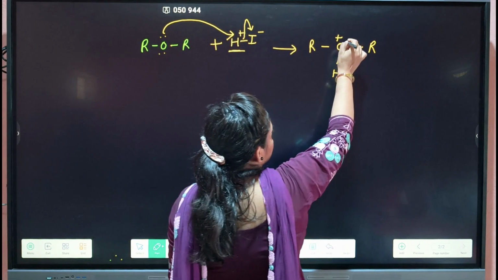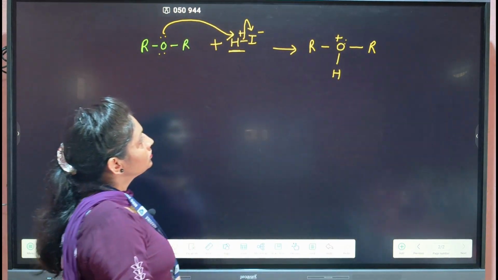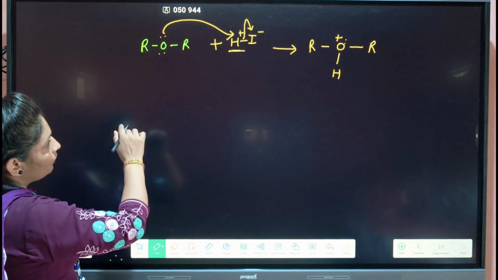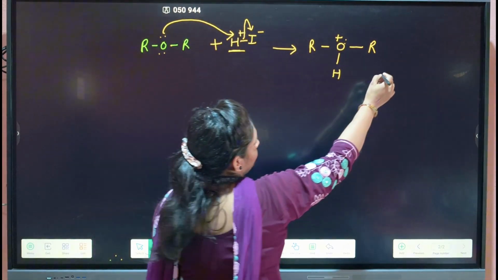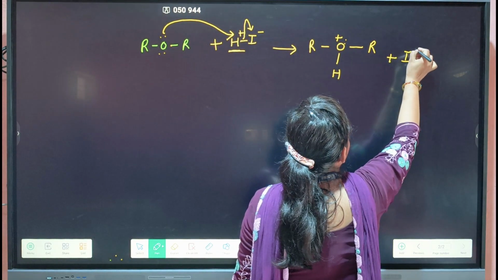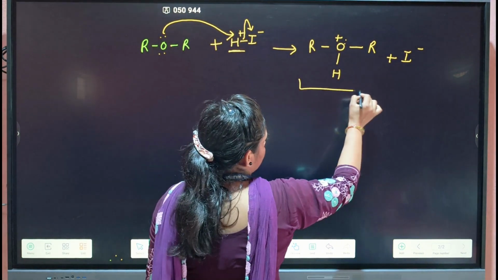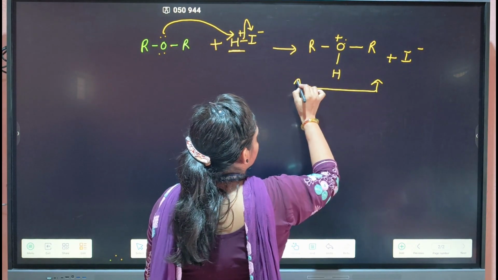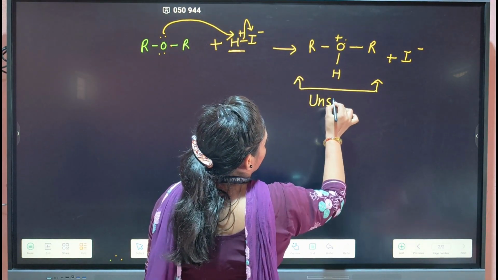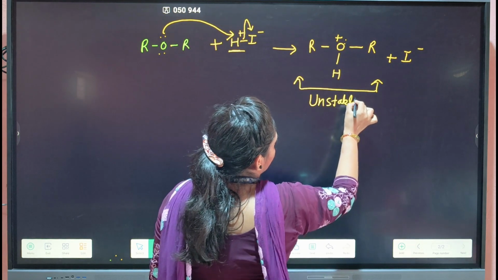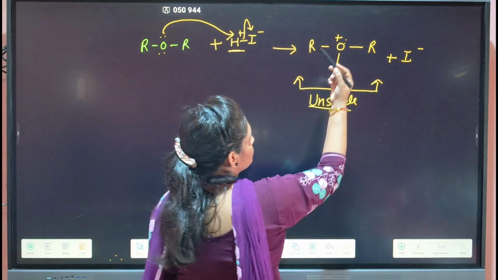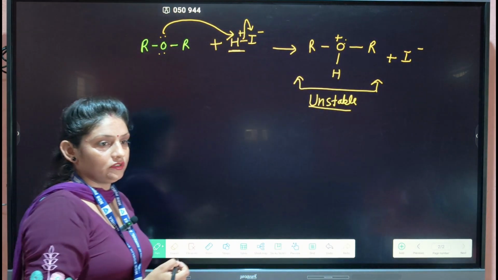Okay. So students, the iodide ion is removed. Now the reaction will start because it is unstable. Why is it unstable? Because positive charge is on oxygen.